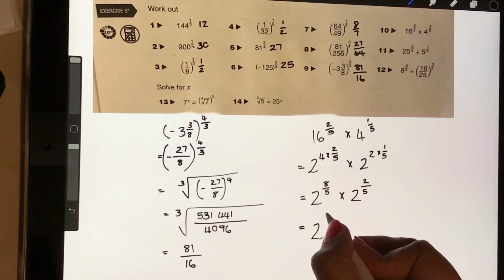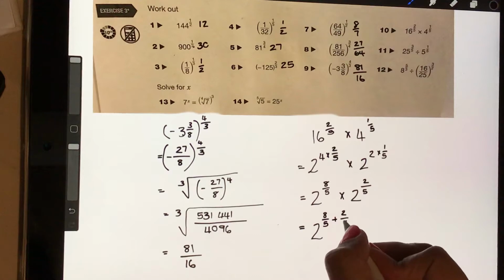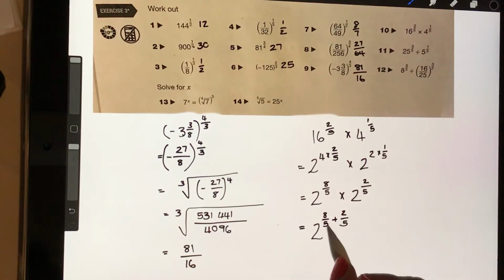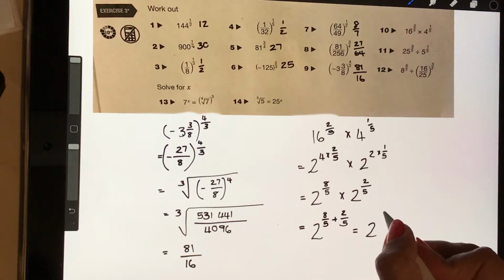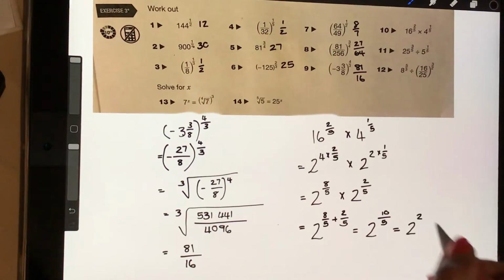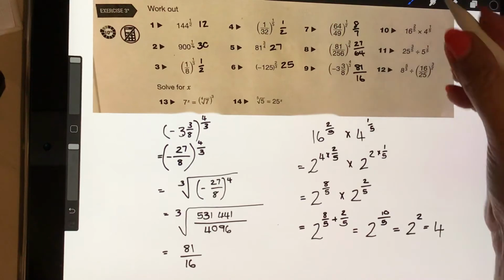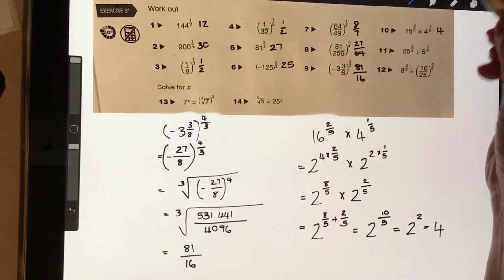So you get 2 and 8 over 5 plus 2 over 5. And conveniently, the denominators are already the same, so you can just write 2 to the power of 10 over 5. And if we say 10 divided by 5, we get 2, and 2 to the power of 2 is 4. So for number 10, the answer is 4.